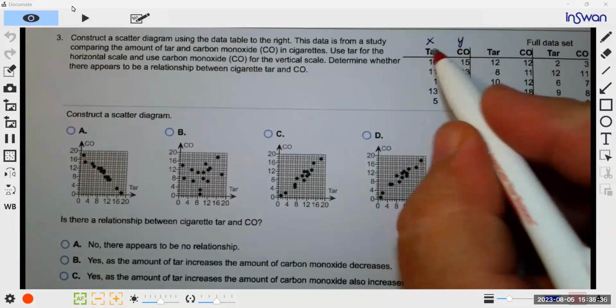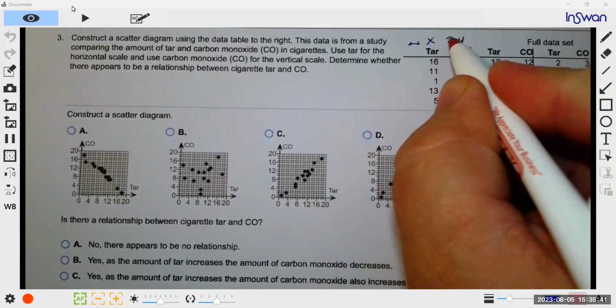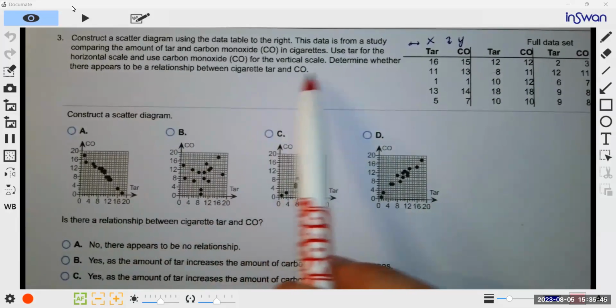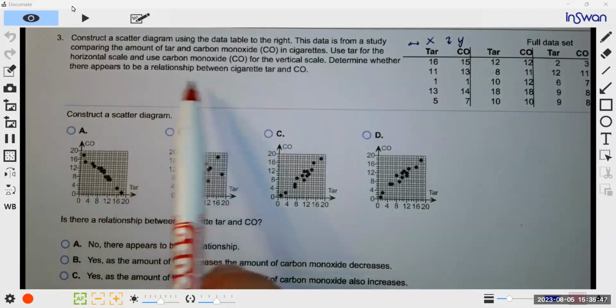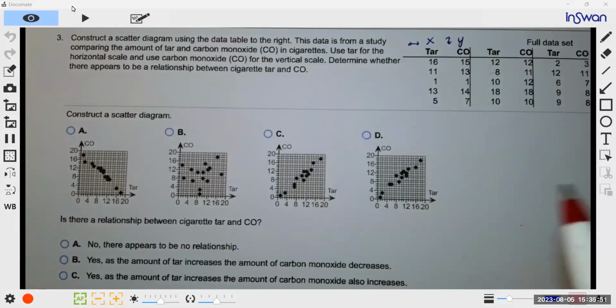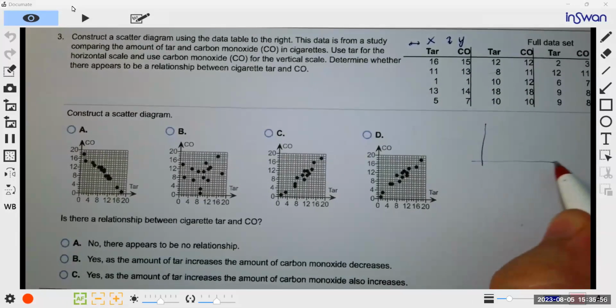The horizontal goes left and right, and the vertical goes up and down. Determine whether there appears to be a relationship between the cigarette tar and carbon monoxide. Yes, we could go through and actually create our own.